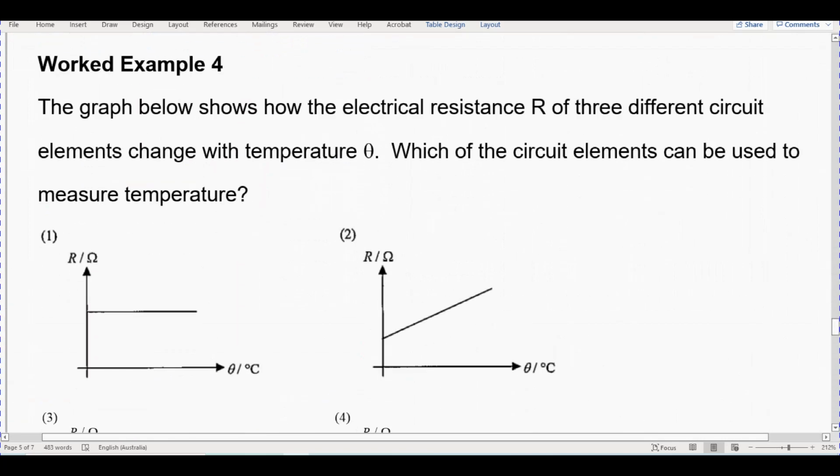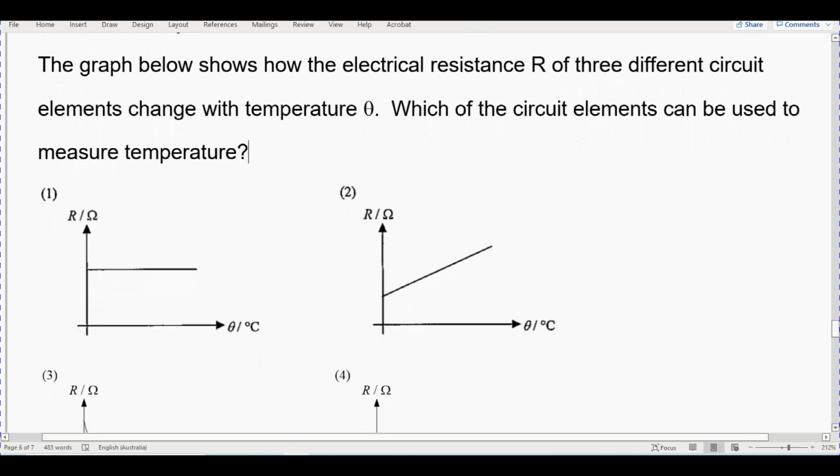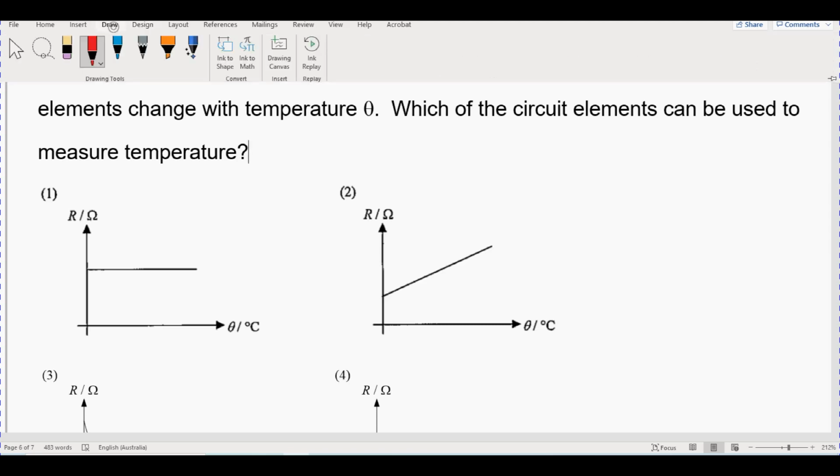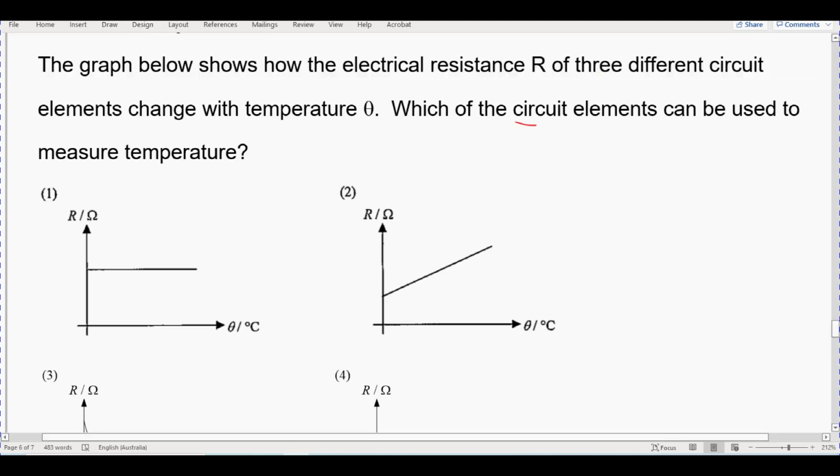Okay, here's example 4. The graph below shows how the electrical resistance of 3 different circuit elements changes with temperature theta. The horizontal axis is the temperature, the vertical axis is resistance. Resistance is just one of the thermometric properties that can be used to design a thermometer. Which of the following circuit elements can be used to measure temperature?